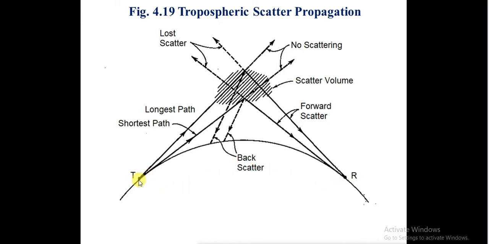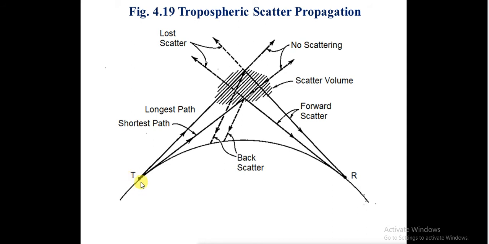Now from this transmitter we are transmitting the frequencies. We will see in detail which frequencies we are transmitting and how they will be reflected. But for the time being we are discussing this diagram, how the tropospheric scatter propagation looks like and how it behaves.